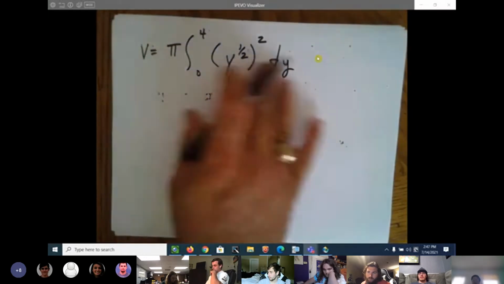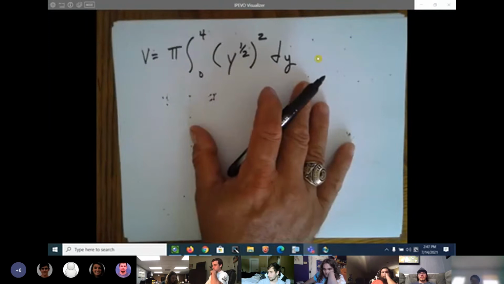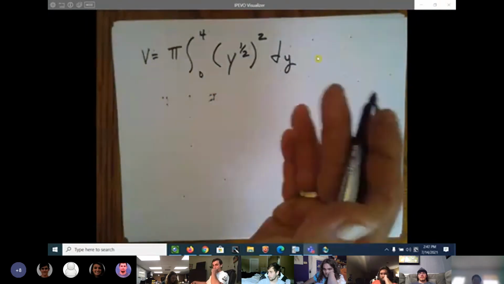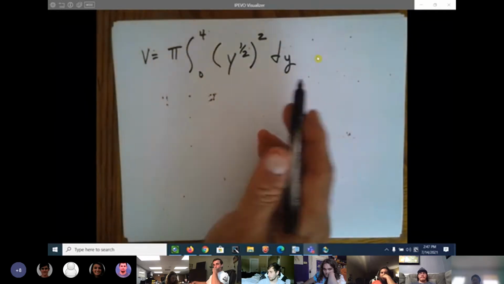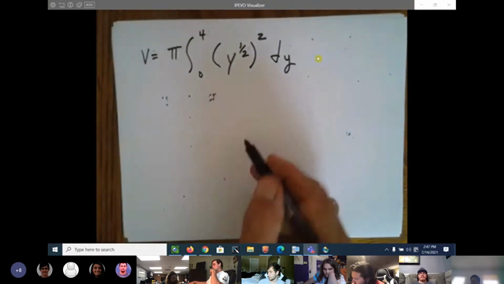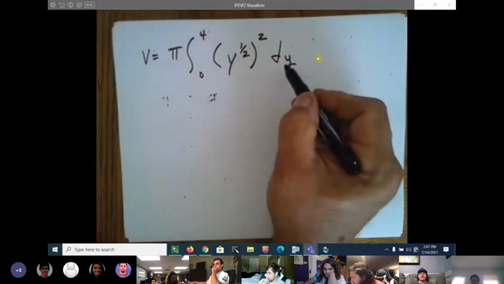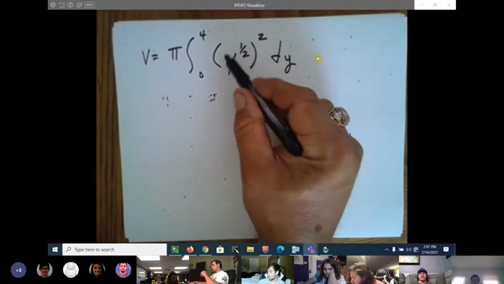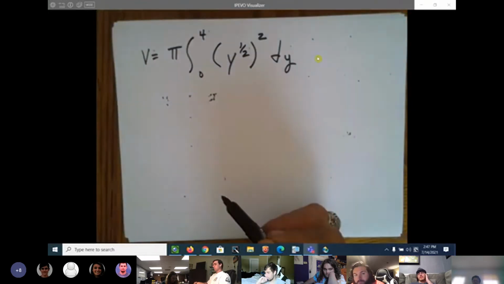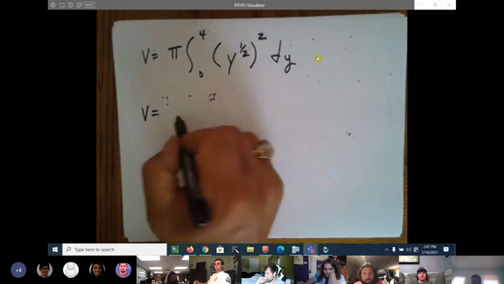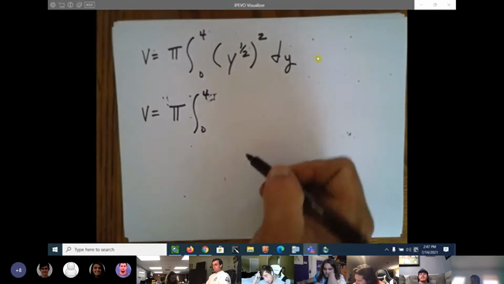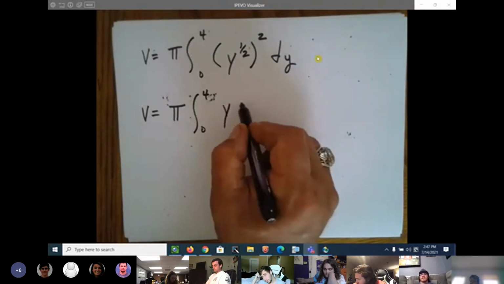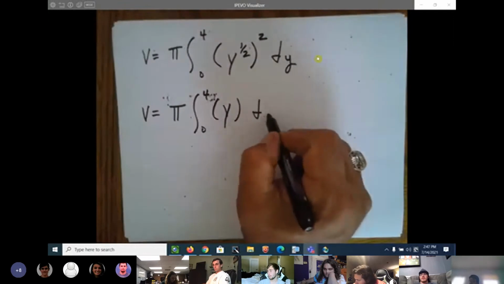Now everything is in terms of y, so since everything is in terms of y, we can take the antiderivative of y just like we would x. Everything has to be in terms of y for us to do that: the y values, the dy, and the actual function. So the volume is equal to pi times the antiderivative from 0 to 4 of y to the first power dy.